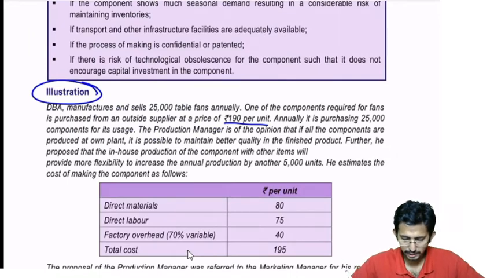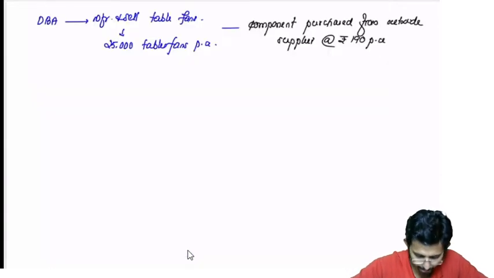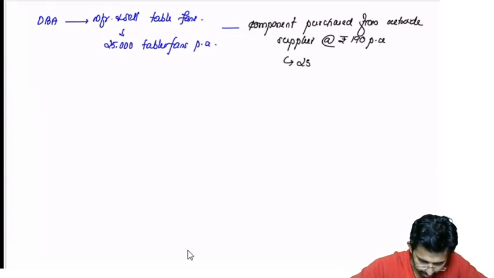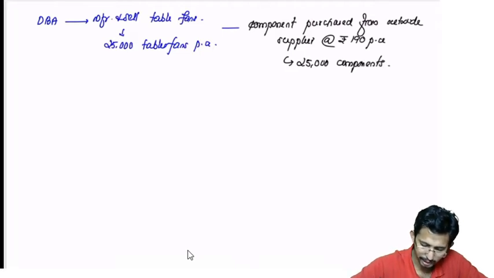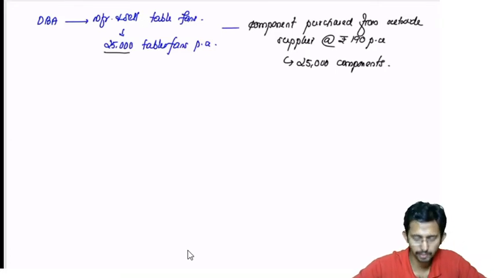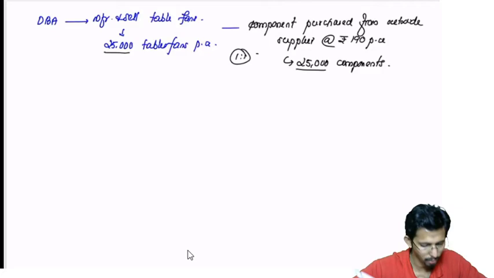Annually it is purchasing 25,000 components for its usage. So it requires 25,000 components. Why 25,000 components? Because output is 25,000 table fans and input is 25,000, so the input output ratio is 1:1.